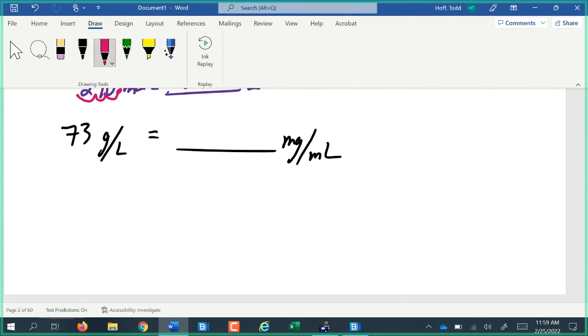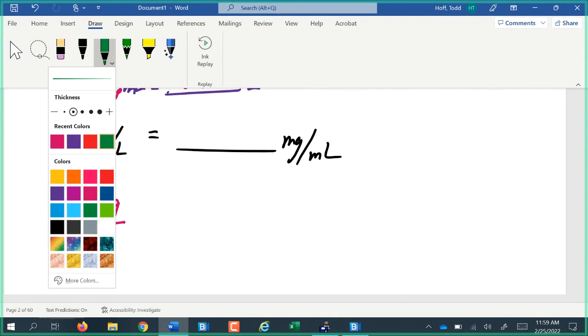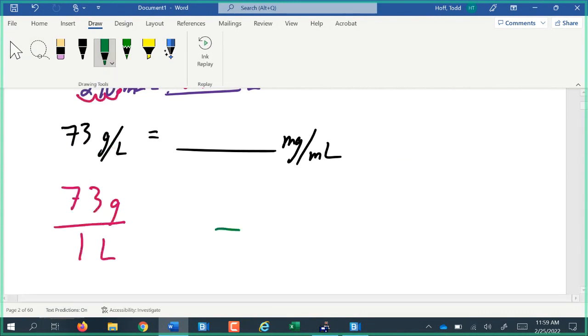Well, we'll go ahead and we'll set up the 73 grams over 1 liter. We're still going to write it out as a full rate as the comparison of the two numbers. But now we don't need to use our conversion factors or any sort of unity fraction. We're just going to go ahead and convert the rates. Grams need to turn from grams to milligrams.